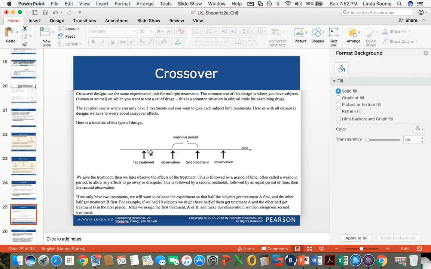We have here our first treatment, we have our observation, and then we have this period of time in between the brackets, which can be referred to as a washout period. And what we're hoping is that during this washout period our participants forget that this happened. And then we do the second treatment, and then we do a second observation, and time goes on.